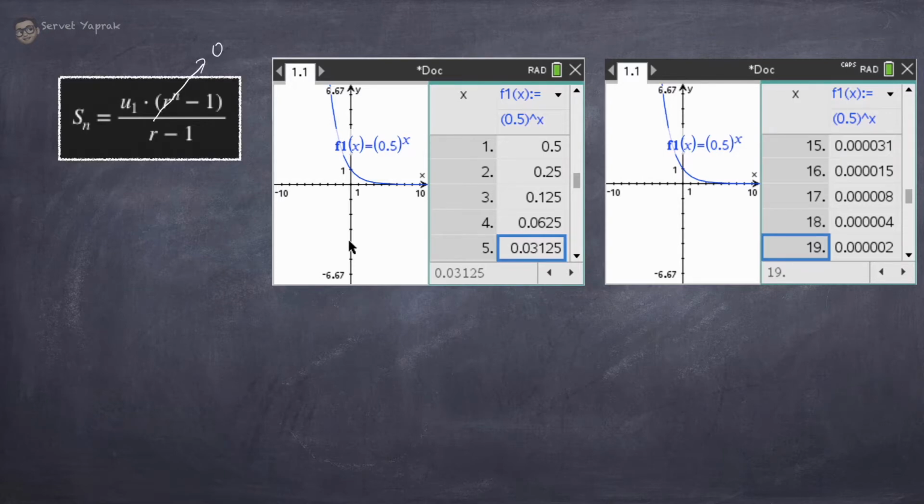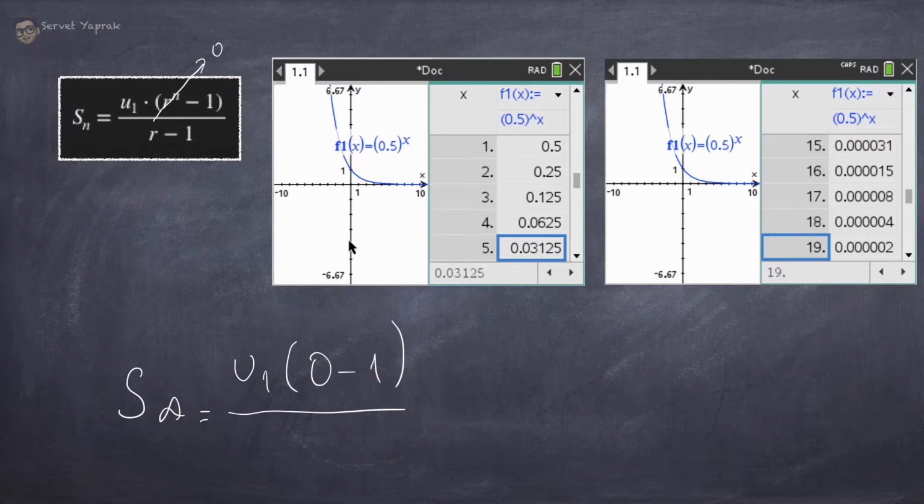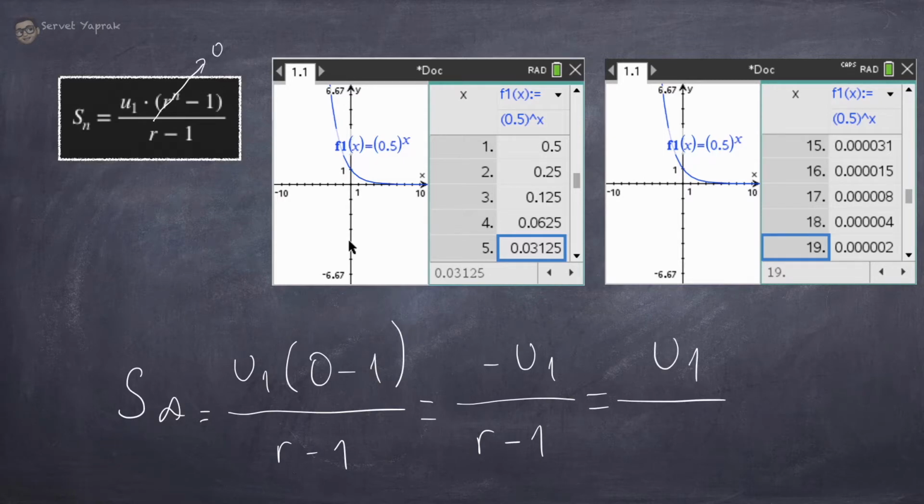So the formula becomes this: Sn, or S infinity in that case, S infinity equals u1 times 0 minus 1 over r minus 1. So this is actually 0 minus 1, which is negative 1, so negative u1 over r minus 1, or we can write it as u1 over 1 minus r.